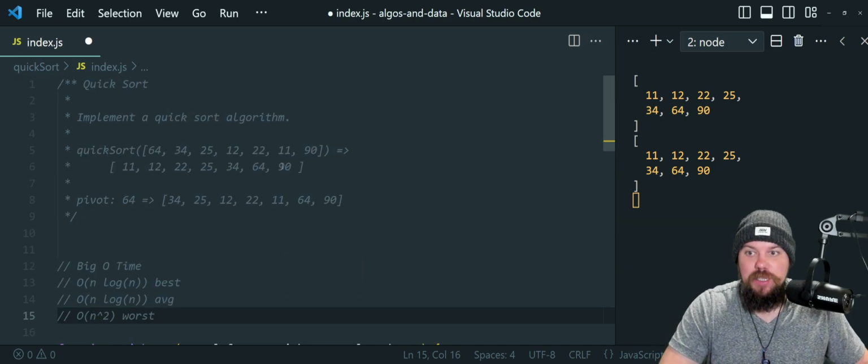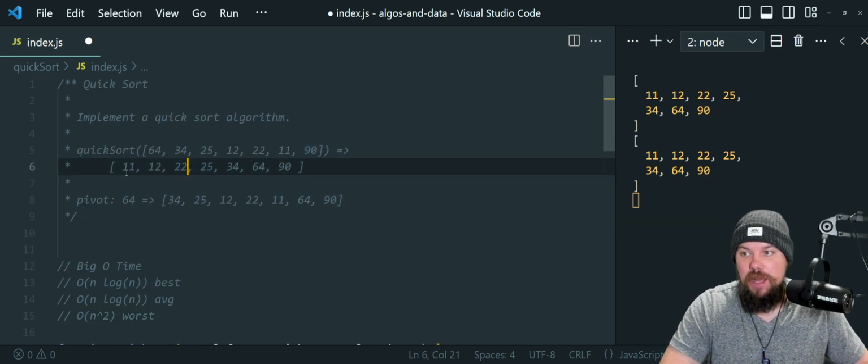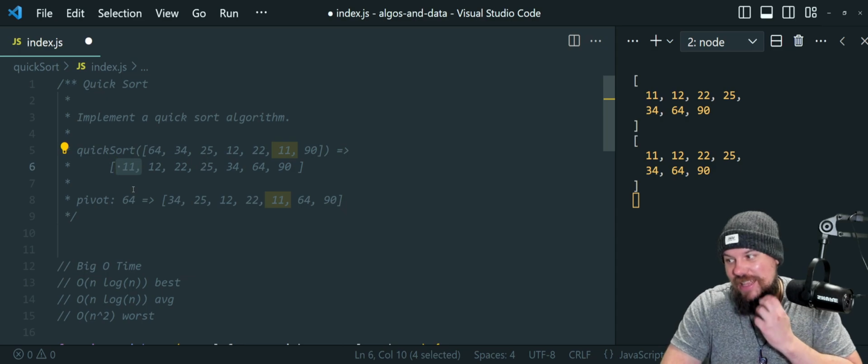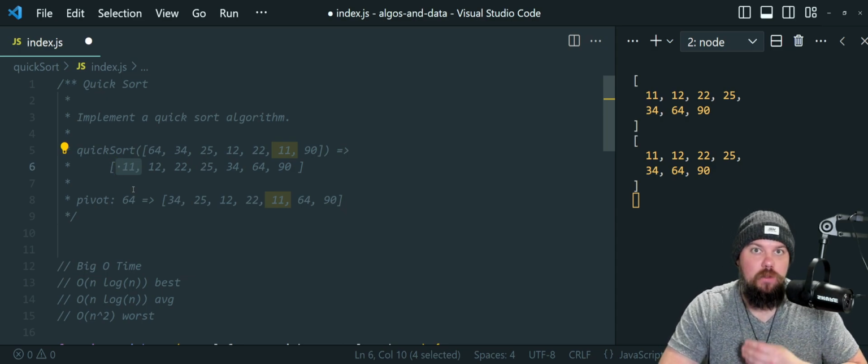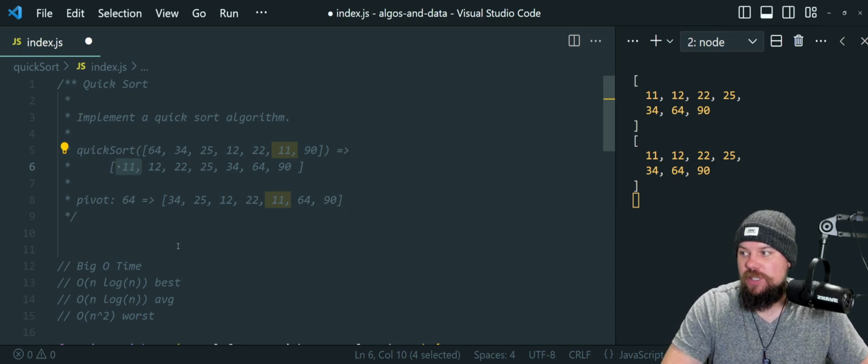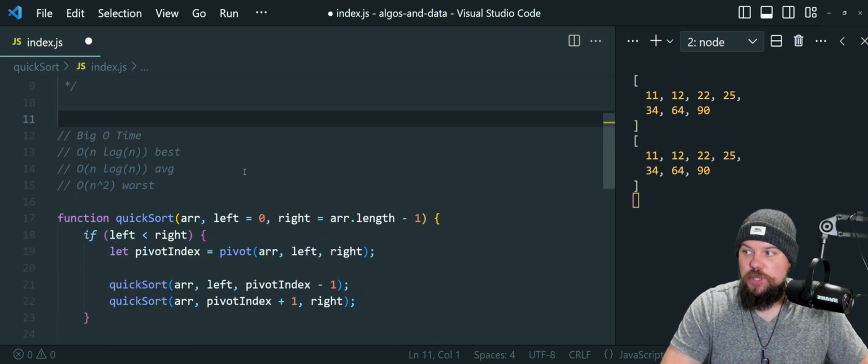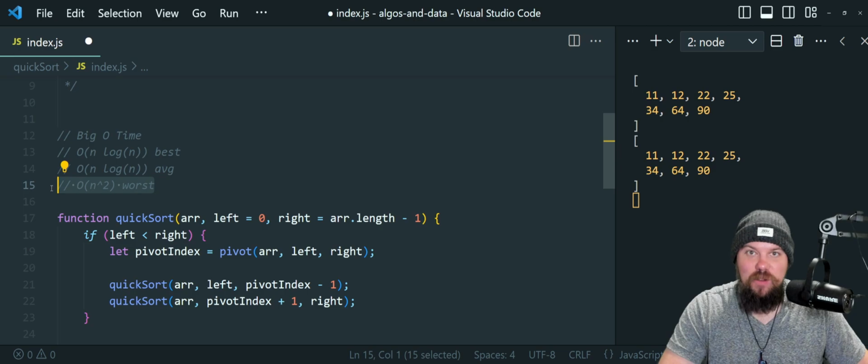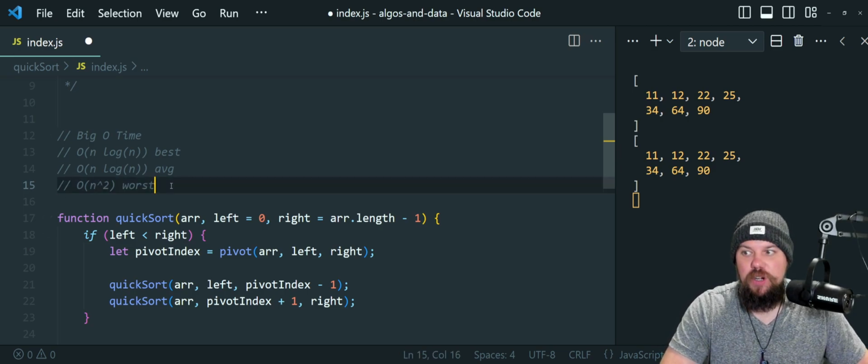So if 90 was the first element, or like if the smallest element was 11 first off, that would lead to an unbalanced partition and make me recursively call this more and more before it gets sorted out, right? This is actually considered kind of rare in practice for this algorithm, especially if you choose the pivot element randomly, then you just got really unlucky if the random choice of a pivot happened to be the smallest or largest thing of the array already.